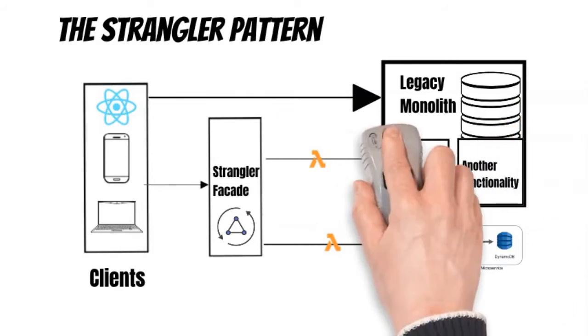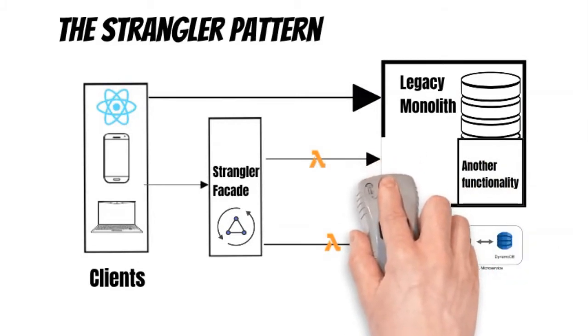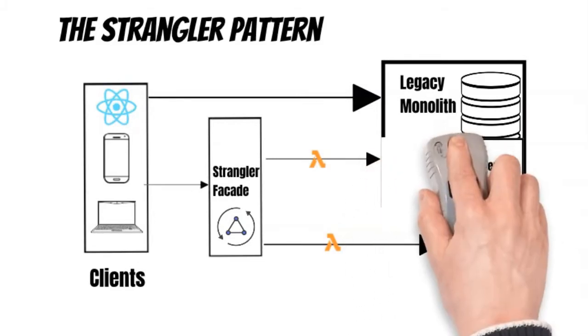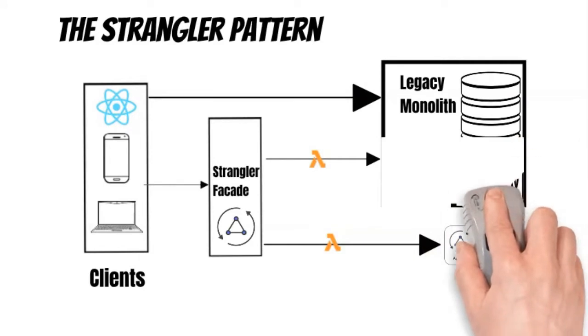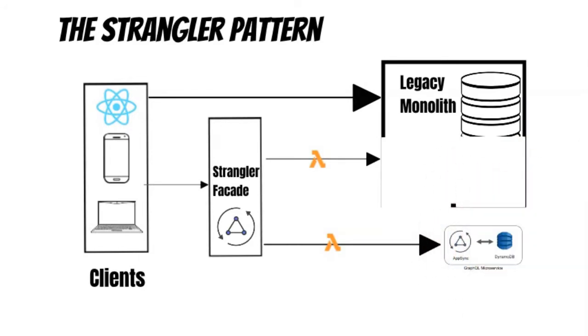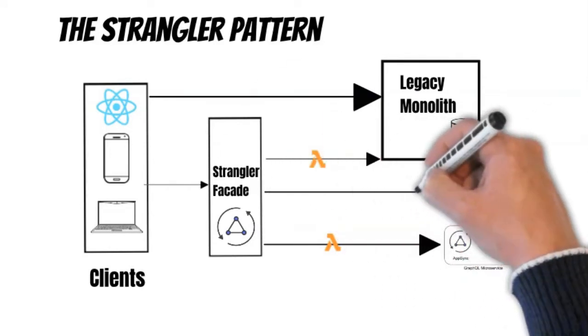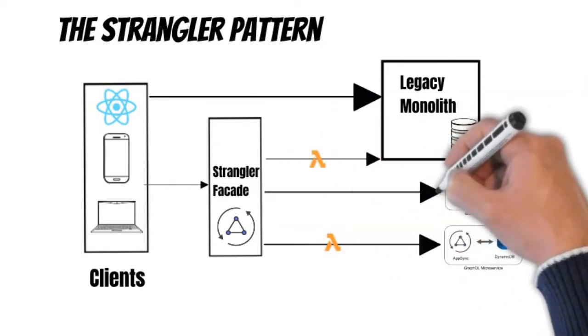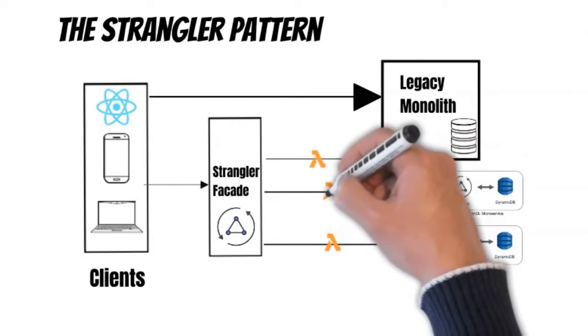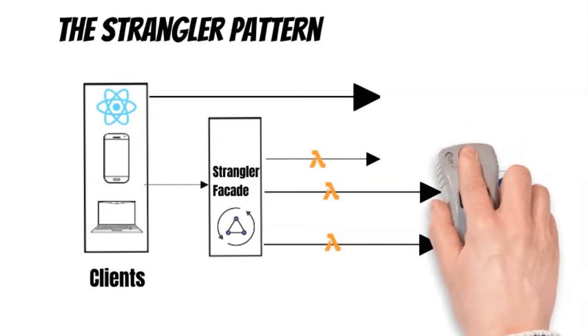And then you identify another functionality, and then you remove the old functionalities from the legacy monolith and stop the calls going to it, and so on. Then the second functionality will also be routed, and we build this second functionality into a microservice until we remove the monolith completely.